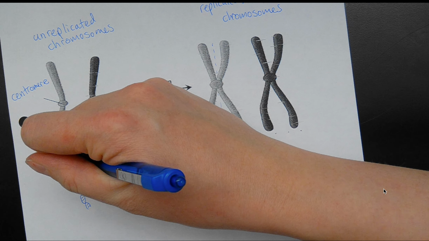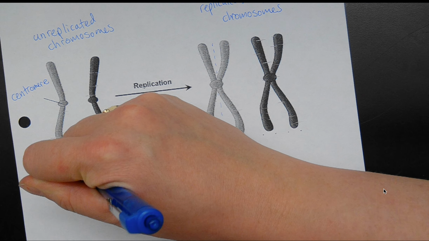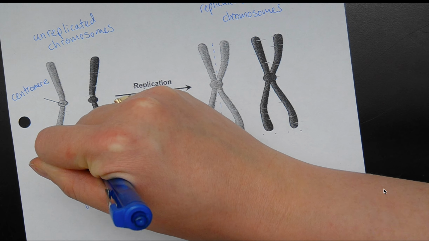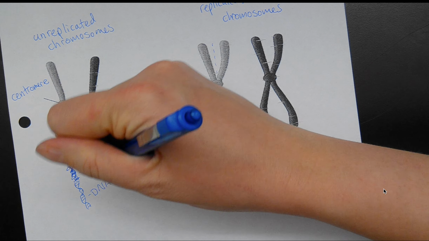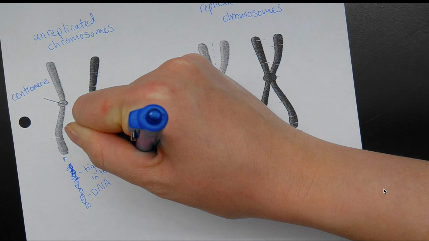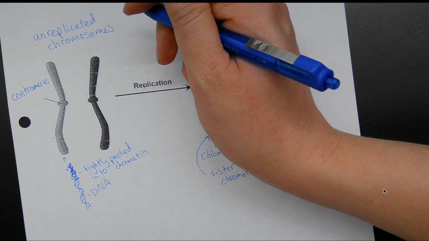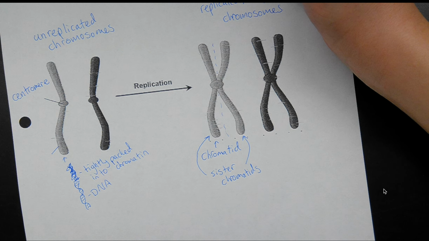Okay, so here's DNA. Here it's tightly packed into chromatin. Okay, and then all of that chromatin all bundled up is called a chromosome.